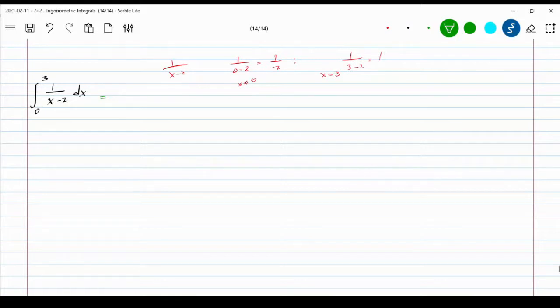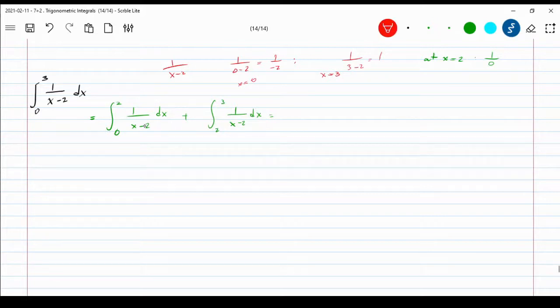So at x equal to 2, you would get 1 over 0 for the fraction, which causes a discontinuity in the function. So I'm going to rewrite this integral as the integral from 0 to 2 of 1 over x minus 2 dx, plus the integral from 2 to 3 of 1 over x minus 2 dx, and calculate each of these two separately.